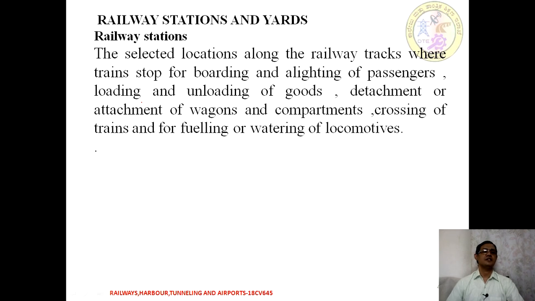A railway station is a selected location along the railway track where a train can stop for boarding or alighting of passengers, loading and unloading of goods, detachment or attachment of a wagon or compartment, crossing of trains, or fueling or watering of the locomotive. That particular location where all these events take place is called a railway station.